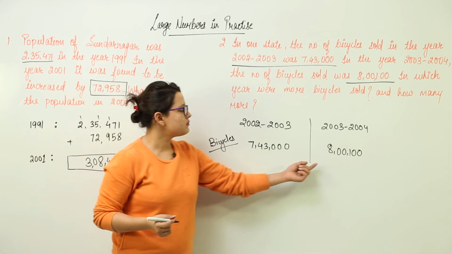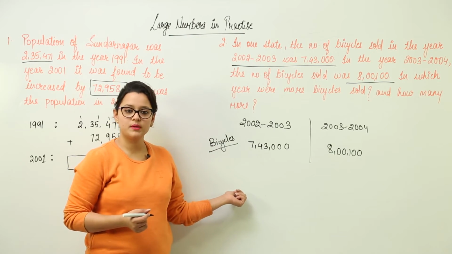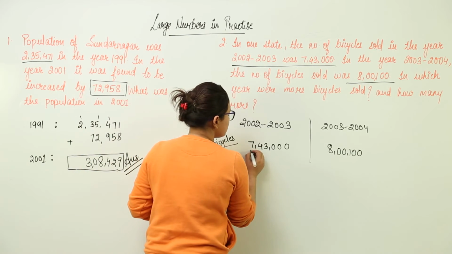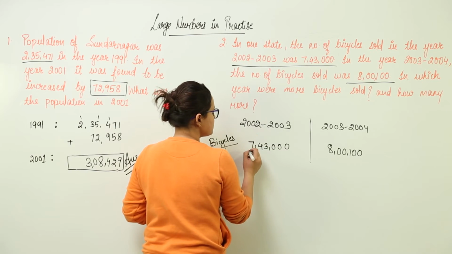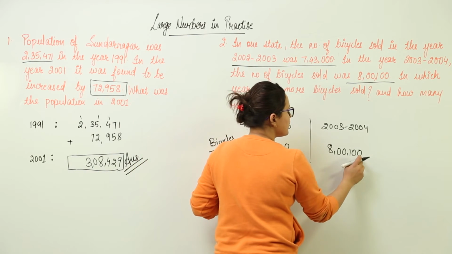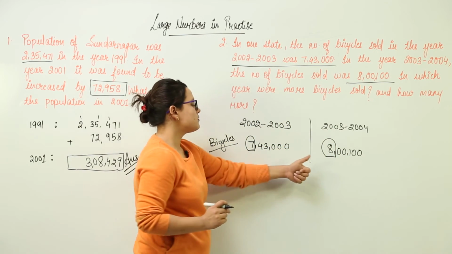So which one out of them is greater? For comparison, we start comparing the largest place. Now the largest place over here is this, and this is ones, tens, hundreds, thousands, ten thousands, lakhs place. Similarly here, ones, tens, hundreds, thousands, ten thousands, lakhs place. So which out of them is greater?